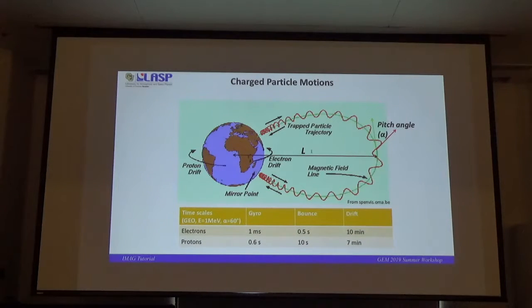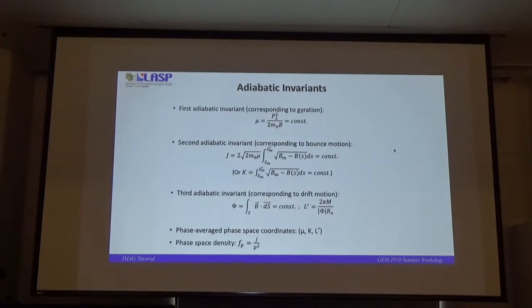L can approximately be seen as the geocentric distance in Earth's radii from the center of the Earth to the location where the geomagnetic field line intersects the geomagnetic equator. The pitch angle of a particle is defined as the angle between the particle's moving direction and the local magnetic field direction.